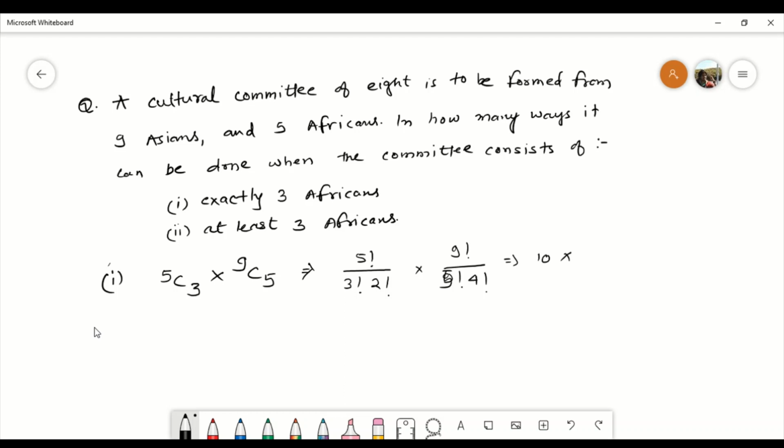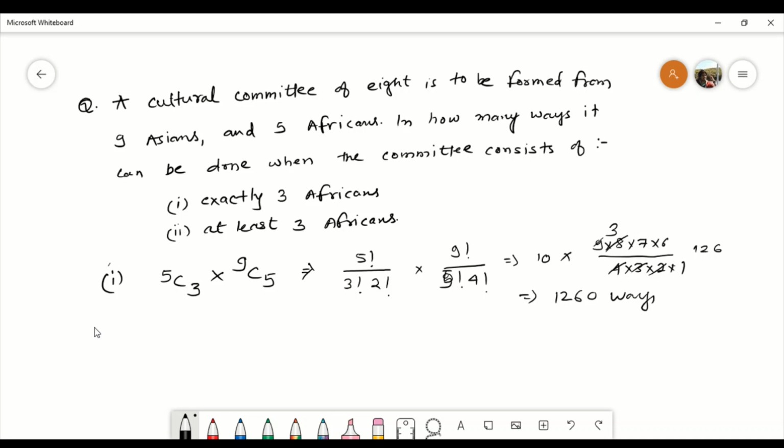And then we have 9 into 8 into 7 into 6, and then we have 4 into 3 into 2 into 1. I think we have already calculated that. So this is 126, so we have a total of 1260 ways, right?